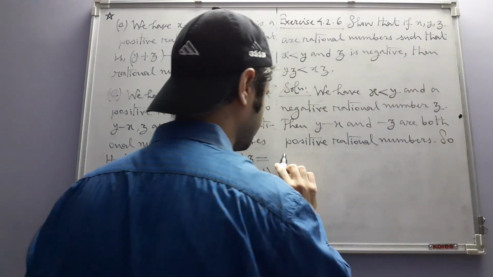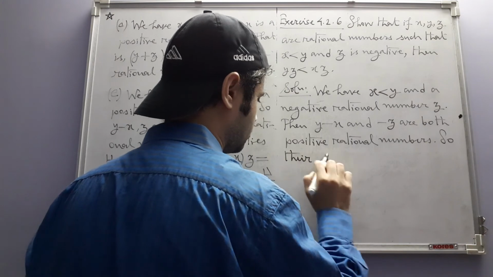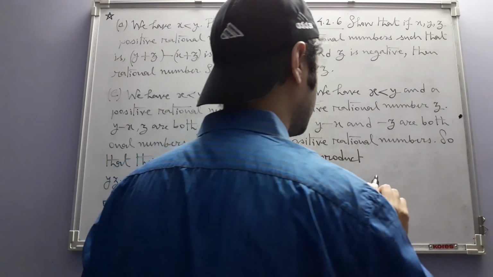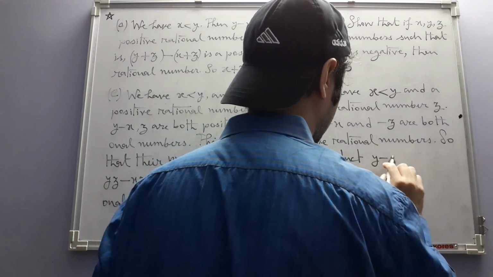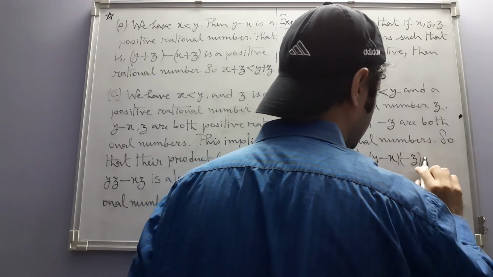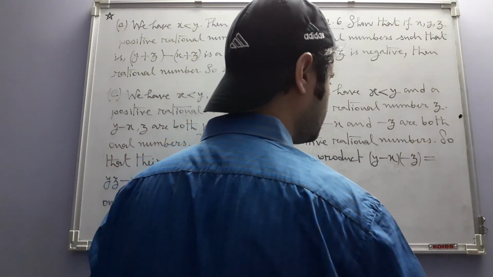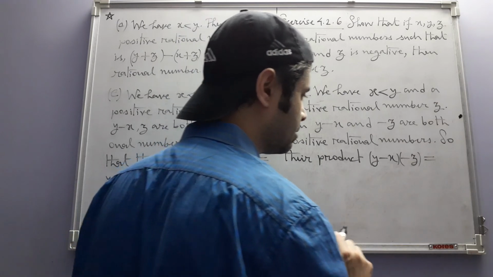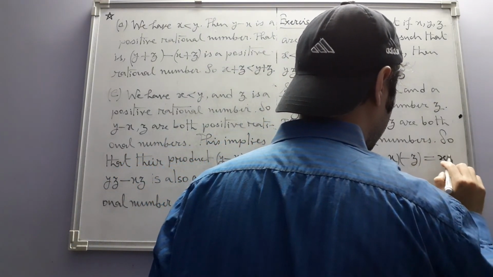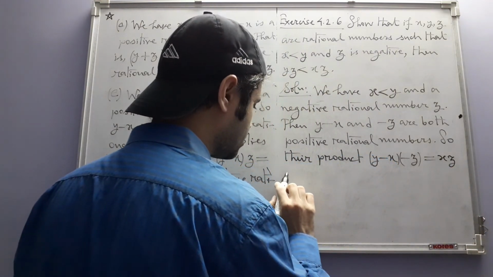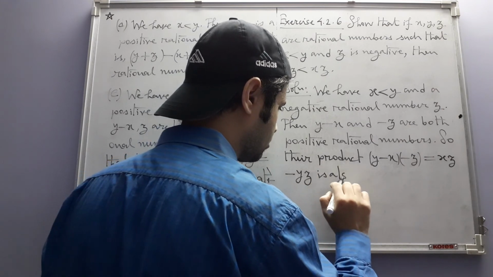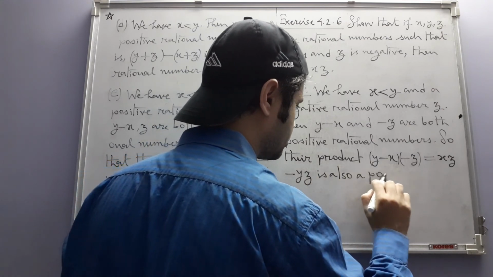So their product, y minus x times minus z, which is equal to, you can apply the laws of algebra, and this will give us xz minus yz, is also a positive rational number.